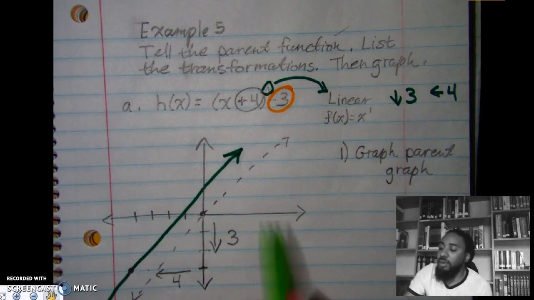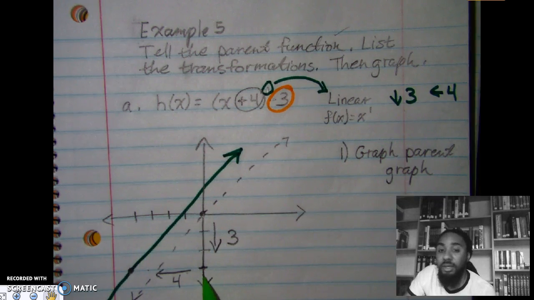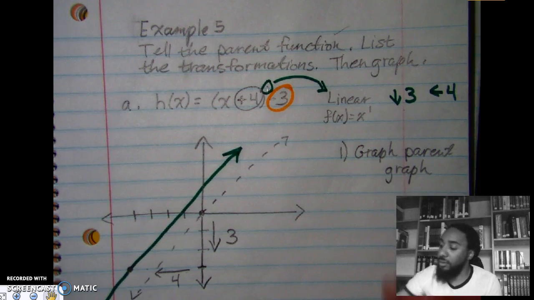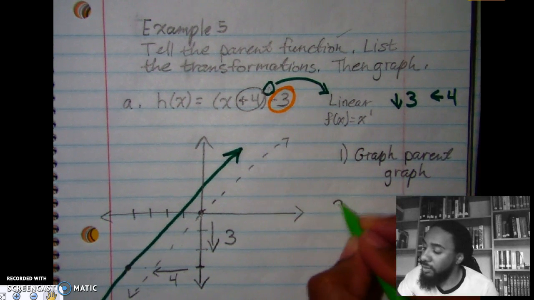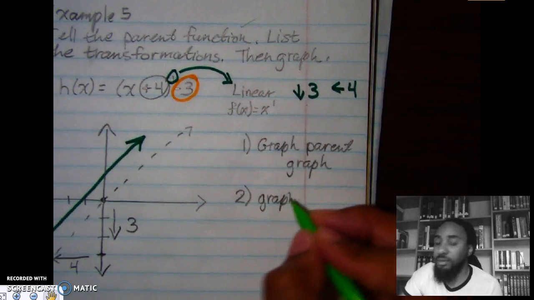Now with it, don't go down 3 and then go back up to here and go over 4. You need to go down 3 and continue with that same part and go over 4. All right, so we graph the transformation. That's the second part.